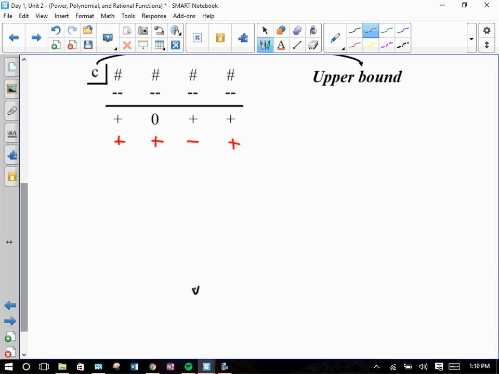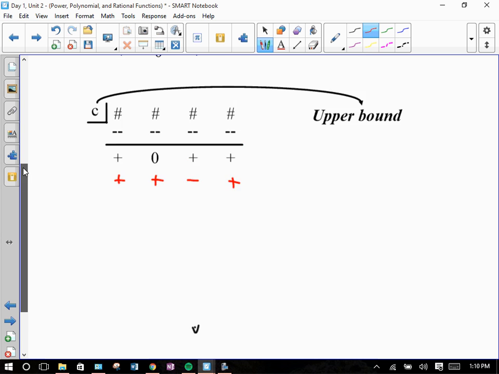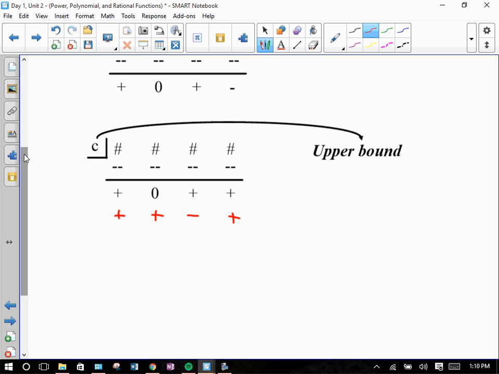First of all, this is not an upper bound because they're not all positive. If there's a negative, there's no way it's going to be an upper bound. And it's not a lower bound because they don't alternate. Makes sense? So if this happens, I can't rule anything out yet. I better keep going.